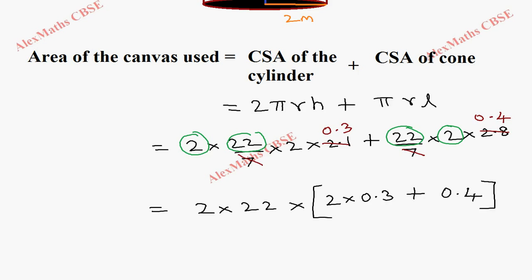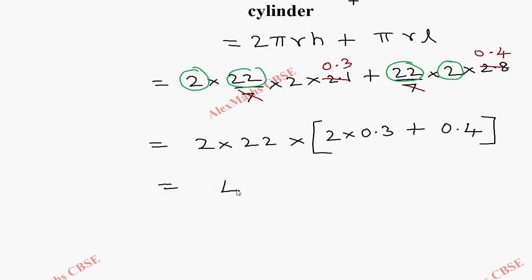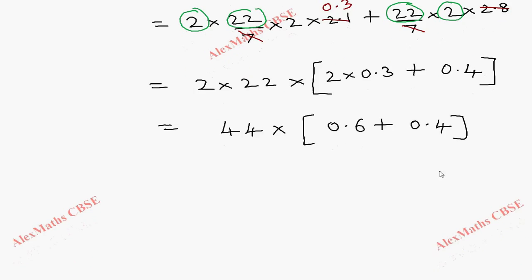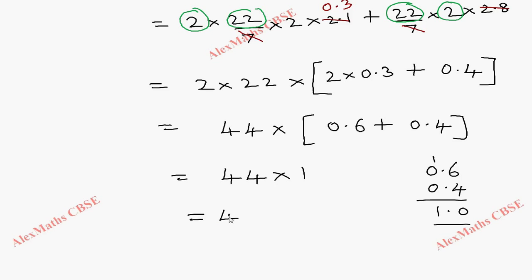Now totally this is 44 into, by multiplying this we get 0.6, and we have to add 0.4. By adding 0.6 with 0.4, 6 plus 4 is 10, and we carry over 1 here. So finally we are left with 44 into 1, which is 44 meter square.